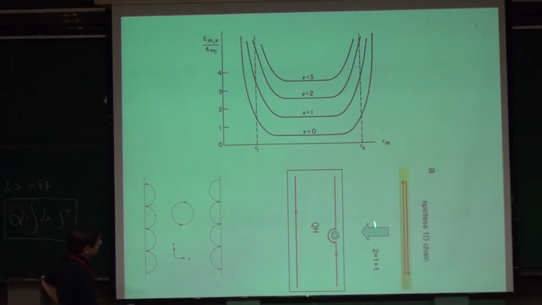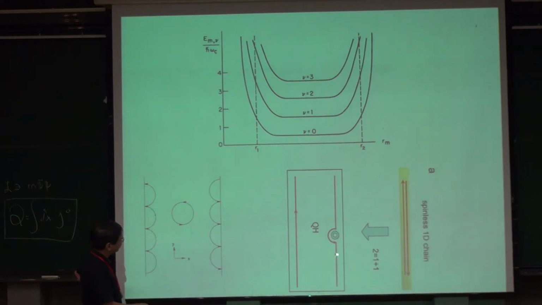And why is the plateau so exact, so precise in the quantum Hall case? First of all, if you have impurity along the edge, then it will just skip around it. Okay, there is no way to have backscattering.